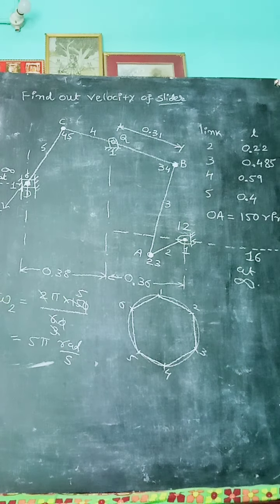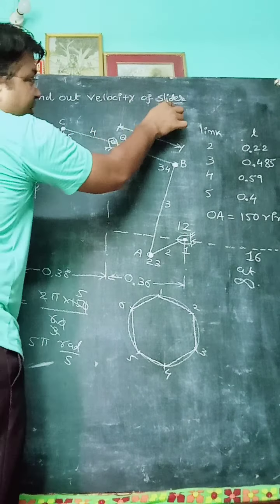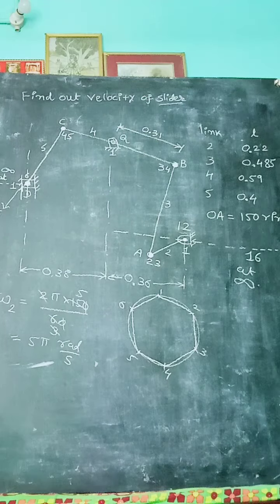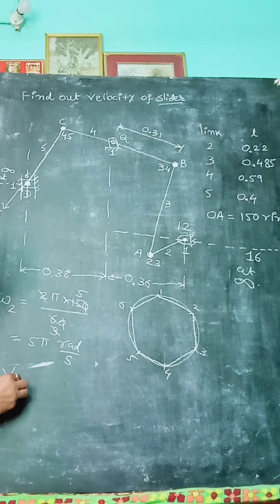Now what is the question? We are supposed to find out the velocity of the slider. The velocity of the slider, that is link number 6, and omega is given for link number 2. That means we are supposed to find out velocity 26.